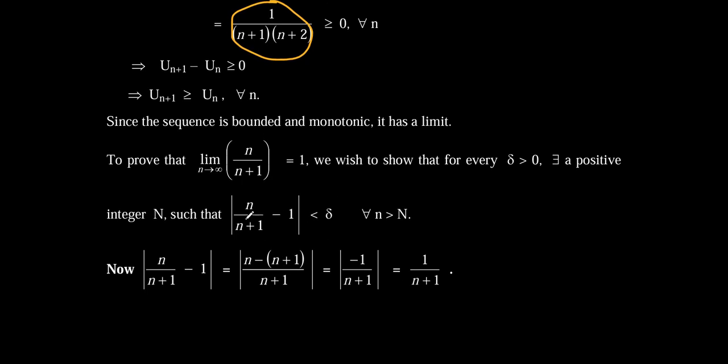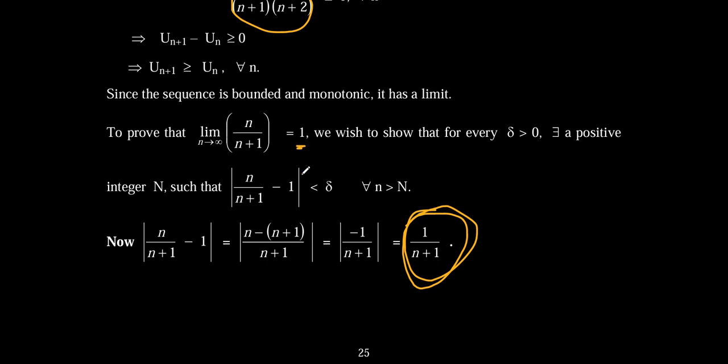So once we subtract 1 from this expression, taking the positive version, because remember the limit point theorem, you have to take the positive version, we get 1 over n plus 1. Now this expression is always less than 1 for every n greater than or equal to 0. So it shows that the sequence has a limit point of 1, and that's as basic as that.